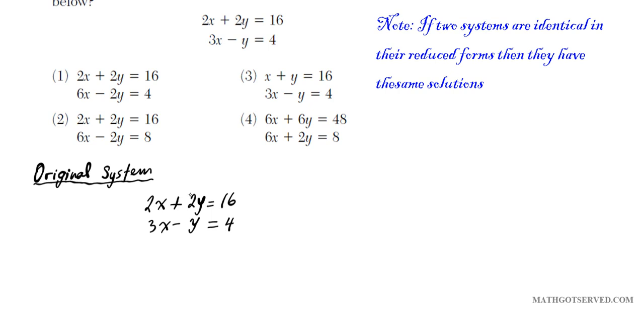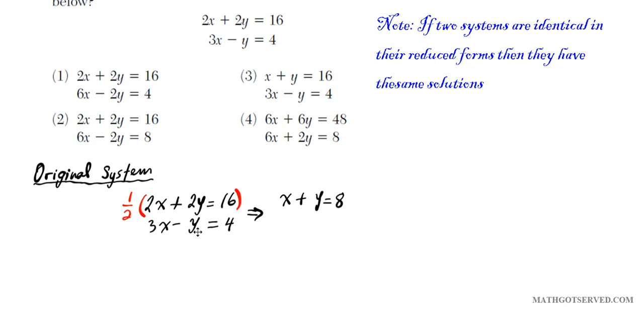What's the GCF of 2, 2, and 16? The GCF is 2. So I can reduce this equation, okay? So if I divide it by 2 or multiply by 1/2, the first equation is going to become x plus y equals 8. All right? How about the second equation? Can I reduce it?